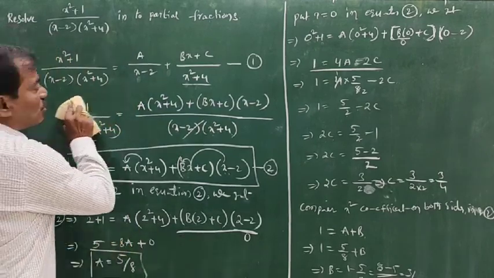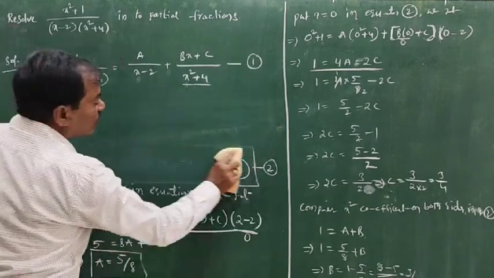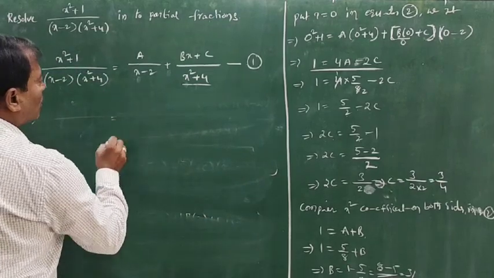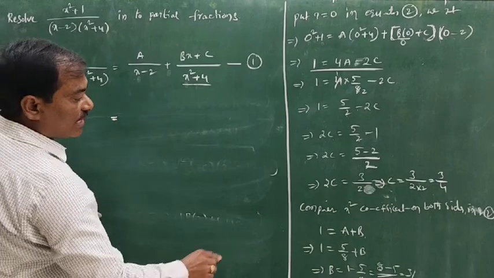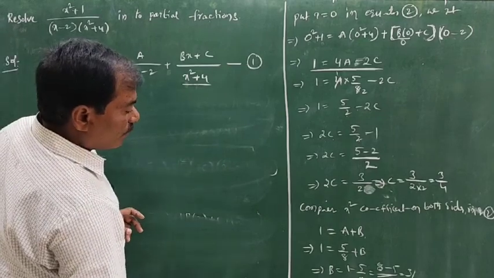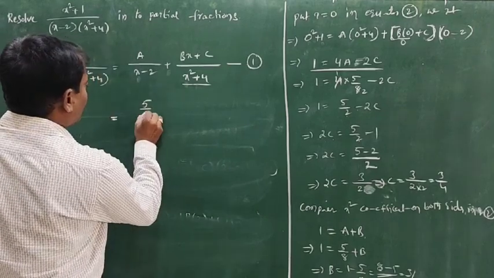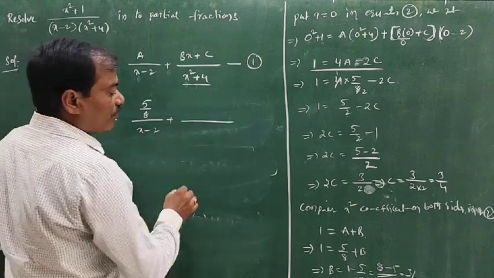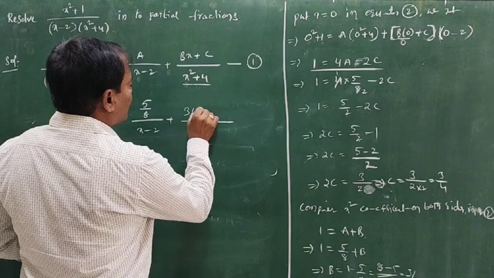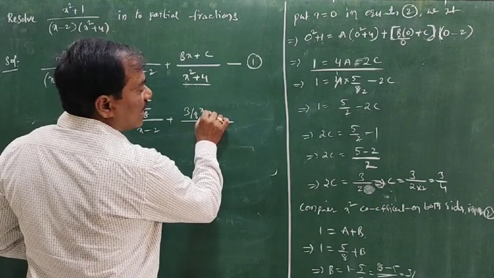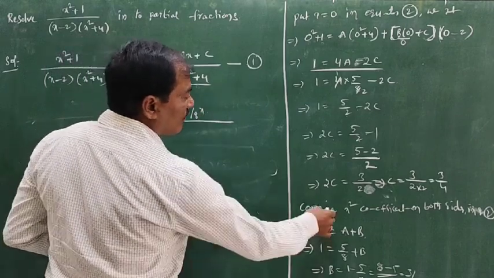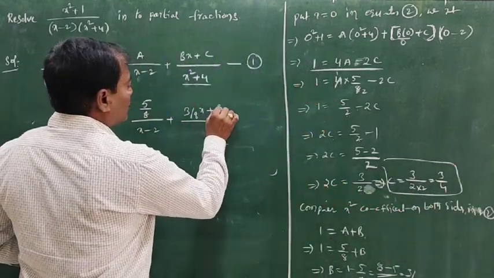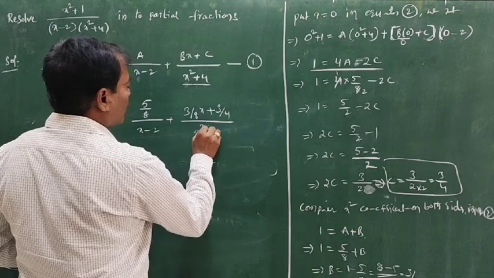We substitute all these values in equation 1. What is a here? a equal to 5 by 8, so 5 by 8 by x minus 2, plus, what is b? b equal to 3 by 8 into x. And what is the c value? We already found c, c equal to 3 by 4, plus 3 by 4 by x square plus 4.